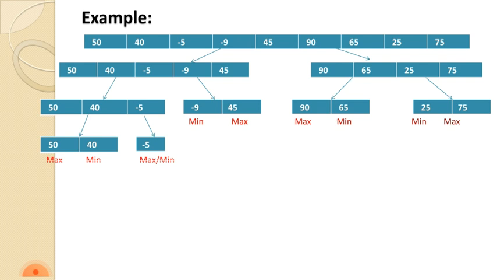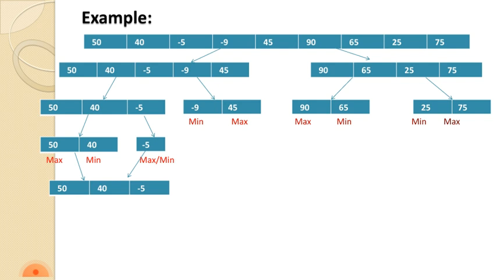We start with this part first. When we merge both the parts, we have to compare max with max and min with min. It means that when we merge both of the parts, the maximum element of this part, that is 50, will be compared with the maximum element of the other part, which has only one element, that is minus 5.